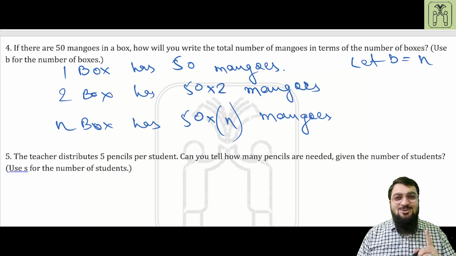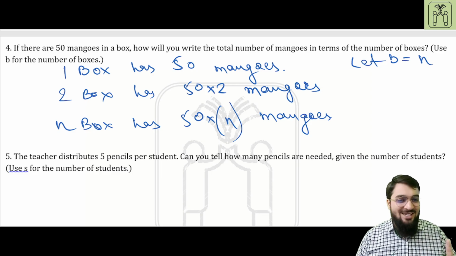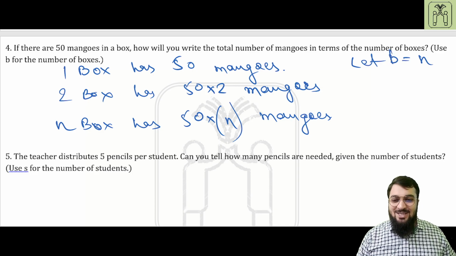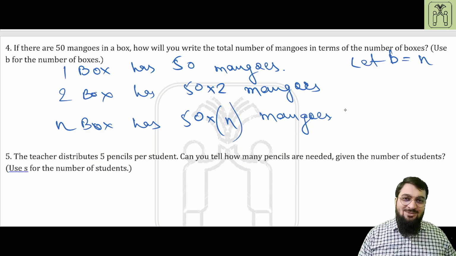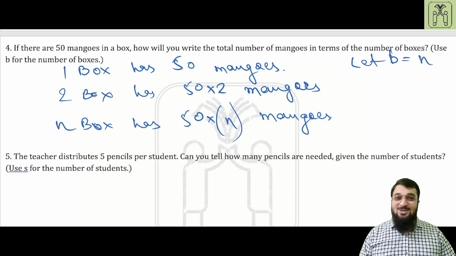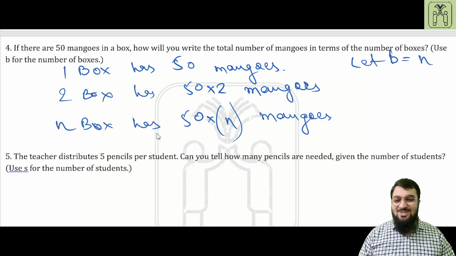If I want to use N, I will use N. No one can force me to take B because N is equal to B. N boxes have 50N mangoes, and since N is equal to B, we have our answer. We will not write 'you have your answer', the teacher will get angry.